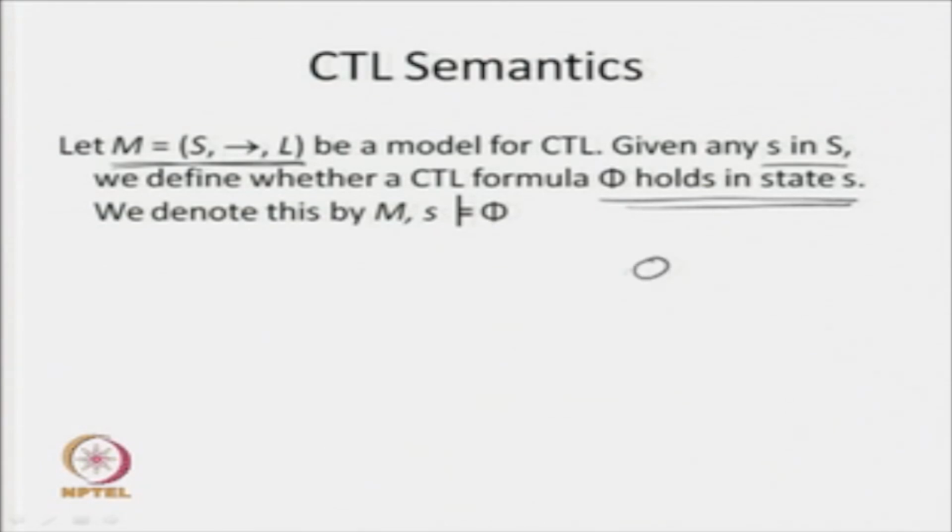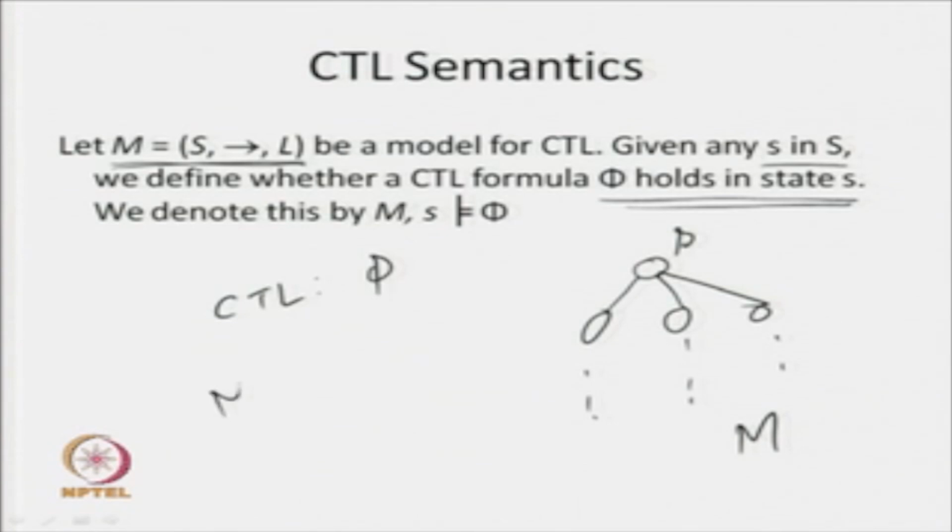That means, if I am having a model M, and we consider one particular state s and a CTL formula phi, we say that M, s models phi, it says that this CTL formula phi holds in this particular state s. Similarly, we use this symbol also, M, s does not model phi. In this case, it says that in state s, your formula phi does not hold.